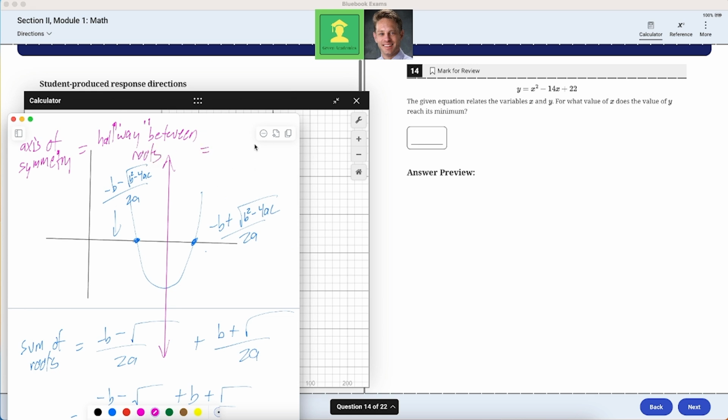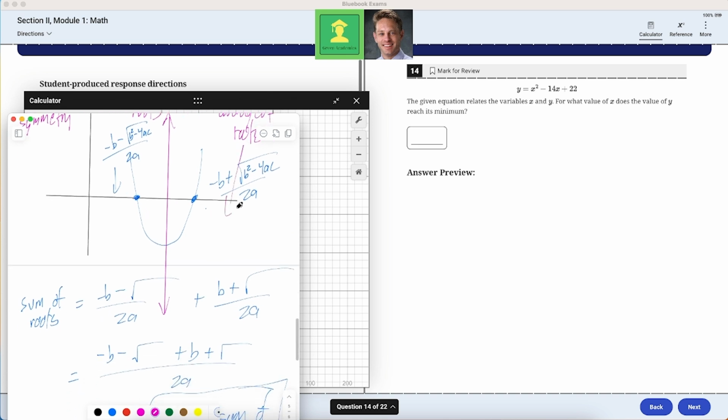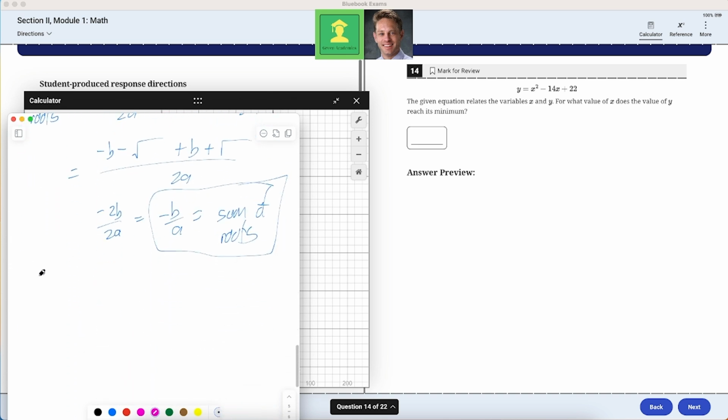Now, halfway between geometrically is the average of the roots. I realize I'm not writing this very neatly, but the average of the roots is the sum of the roots divided by 2.